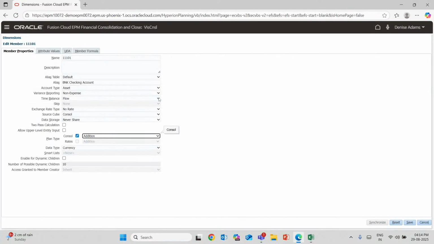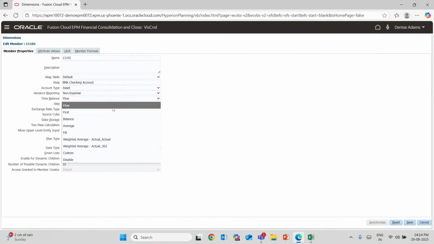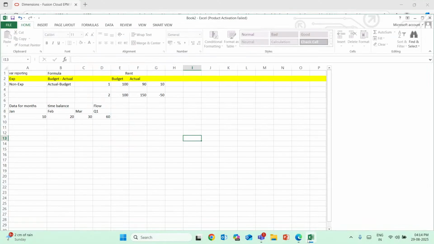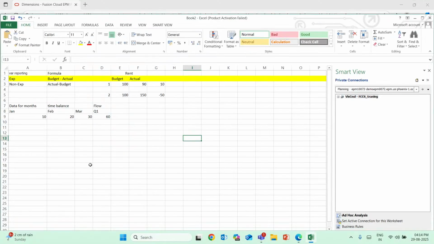Next we have balance. So this is flow currently, and now I'm going to take balance. In time balance we are talking about the balance, right?